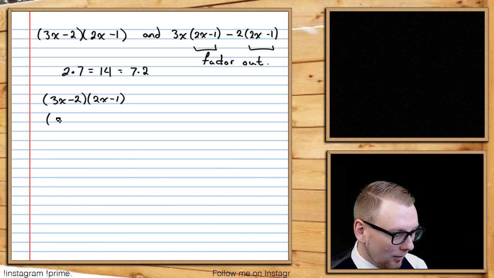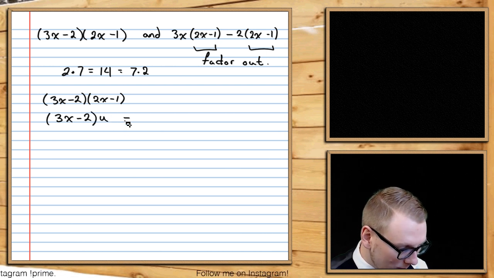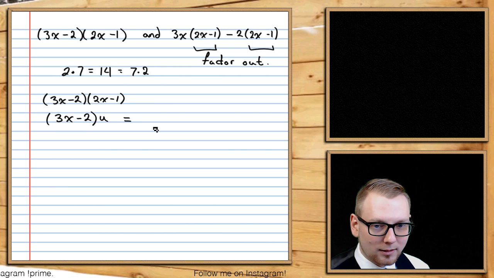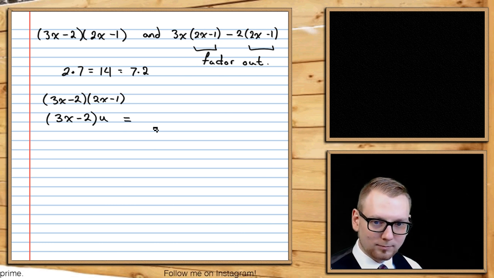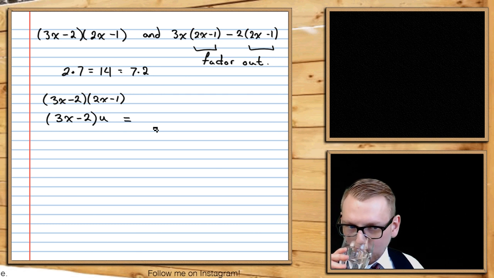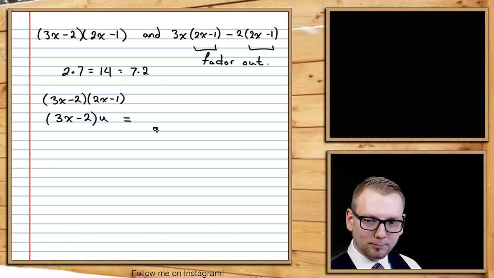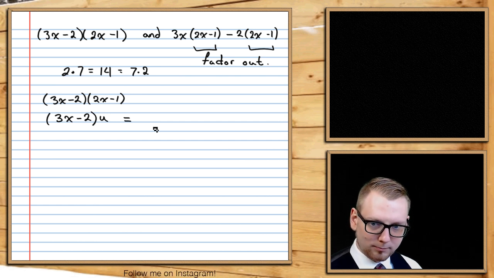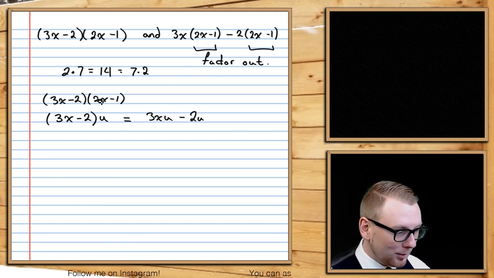If I say what's 3x minus 2 times the letter u, what does that give you? But now instead of u, we have 2x minus 1.